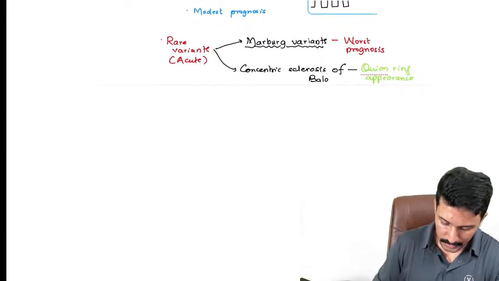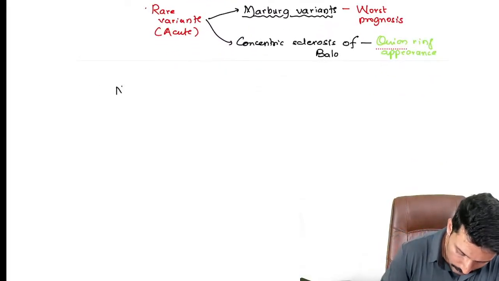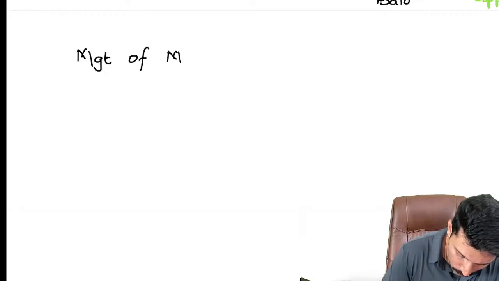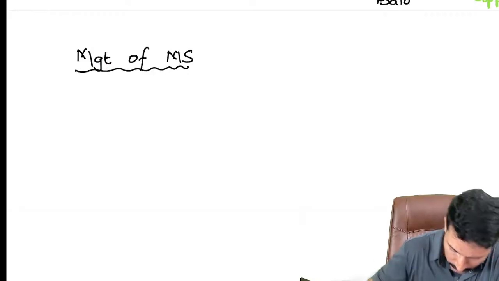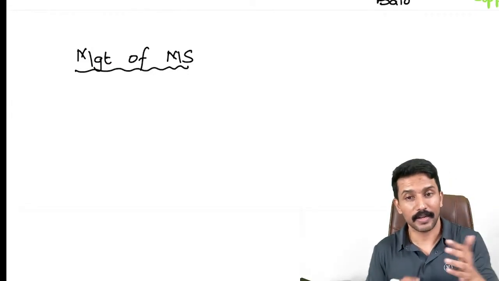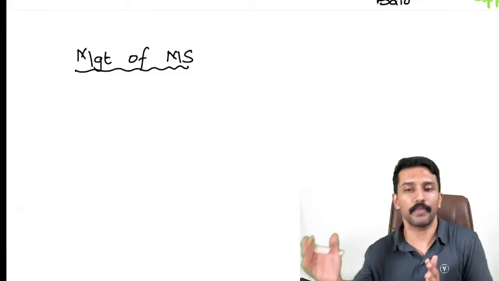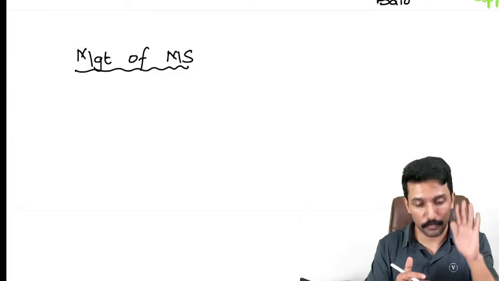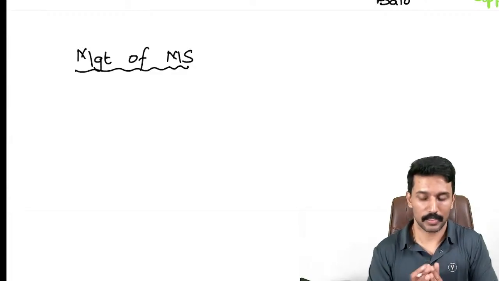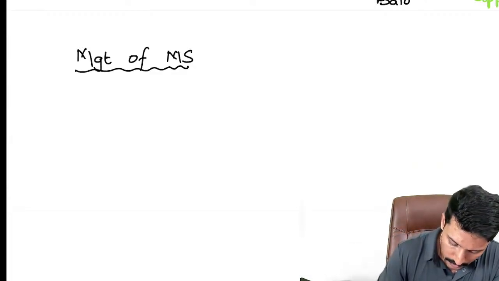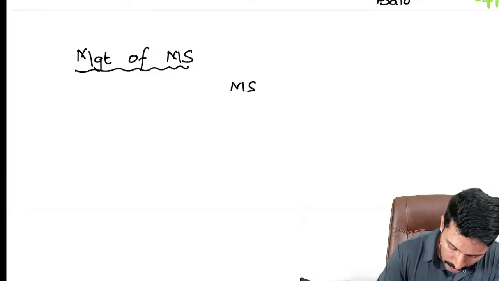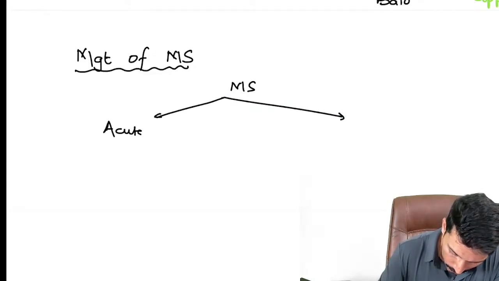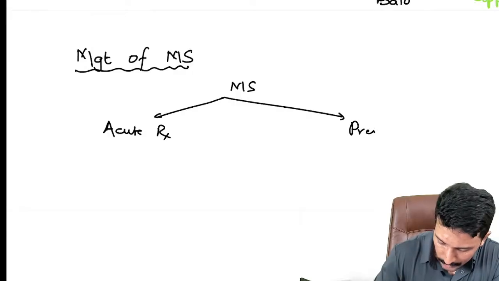Then comes the management. When it comes to the management of multiple sclerosis, the first point to remember is it's a disorder where there are recurrent attacks of demyelination. So we have to think of prevention, plus whatever demyelination is ongoing currently, we have to think of stopping it so that remyelination starts. That's why MS management will be divided into acute treatment and preventive treatment.